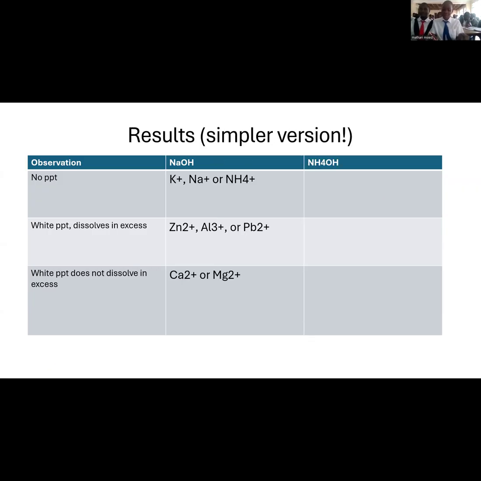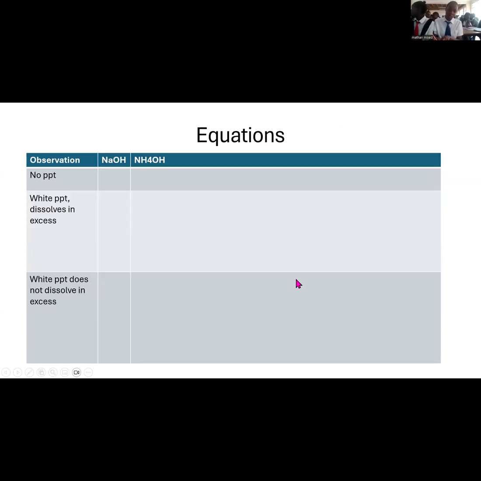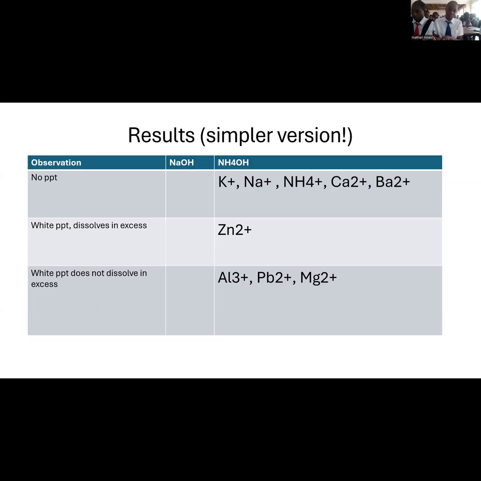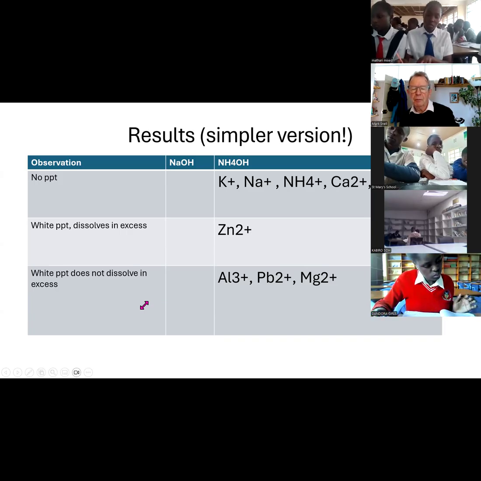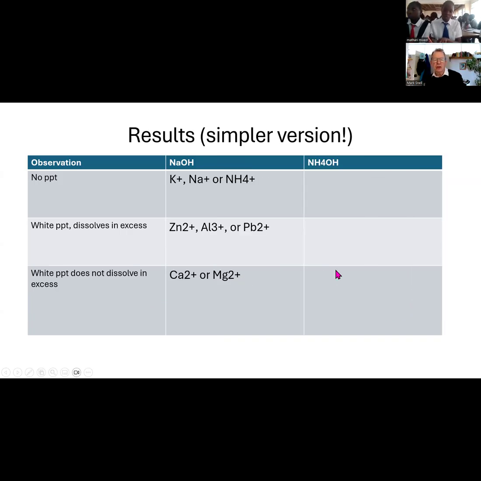So let's make sure that everybody knows that. It's important that you know this and you know this. Okay, you need to know them. You need to remember them because this is what they ask sometimes in paper 3 and also in paper 1 or 2. So I'll just go back. I'll show you for sodium hydroxide.